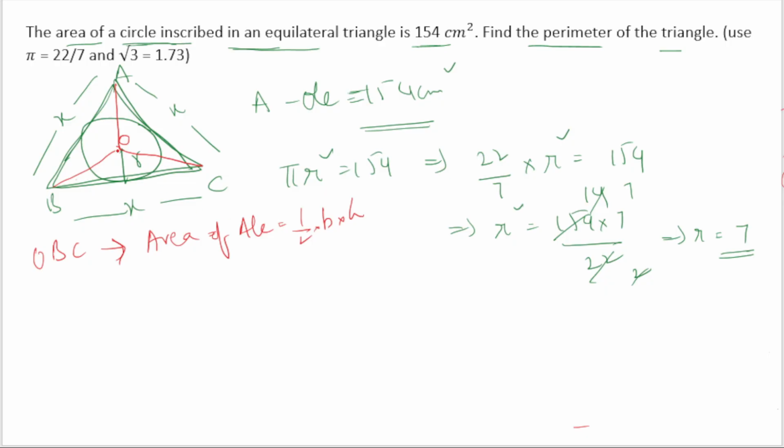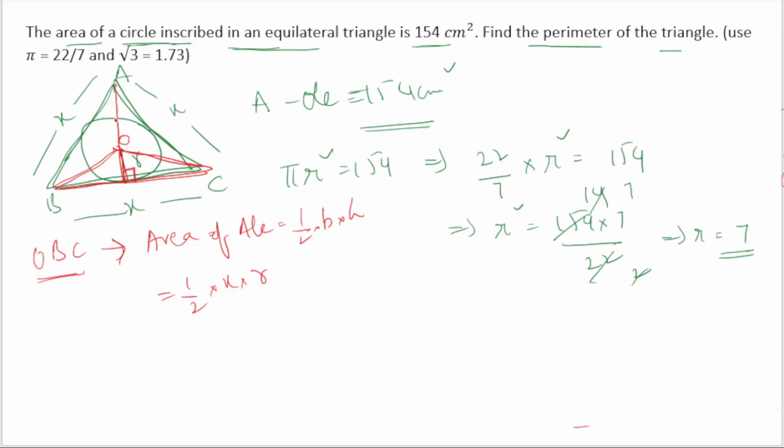In this triangle OBC, base is BC, it is x. And what is the height? Height is equal to radius. This radius is perpendicular to BC. So area of the triangle is half into base x into height r.